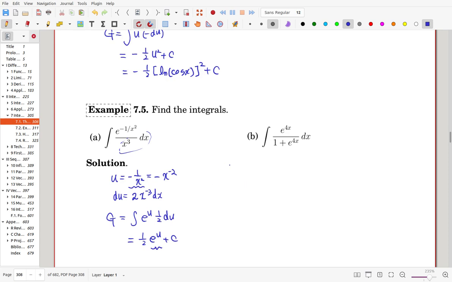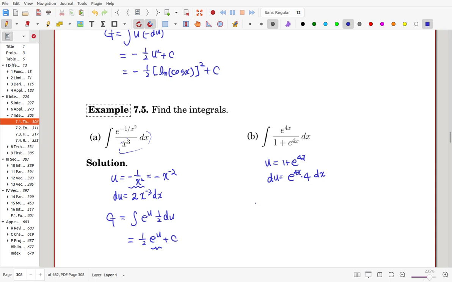Okay, for this one, that is the form of f and f prime, so you can solve it that way. But for this one, we'll try to use u substitution. Now u equals 1 plus e to the 4x, then du equals e to the 4x times 4 dx.